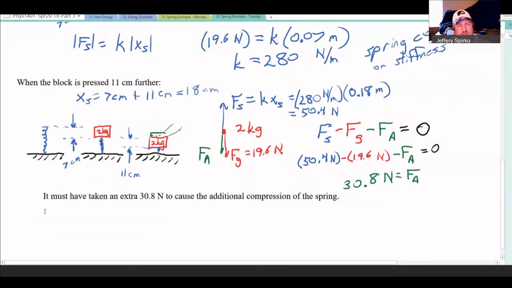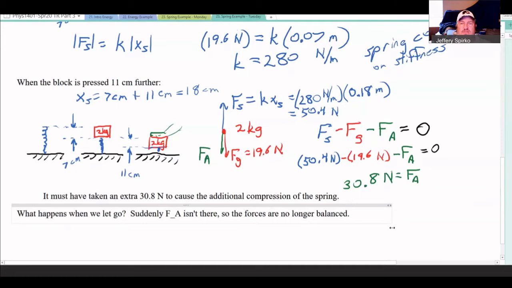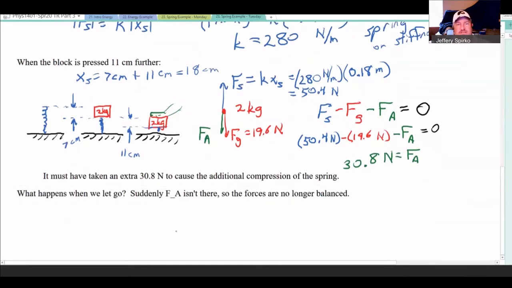So now, what happens when we let go? The applied force isn't there anymore, so now the forces are no longer balanced.